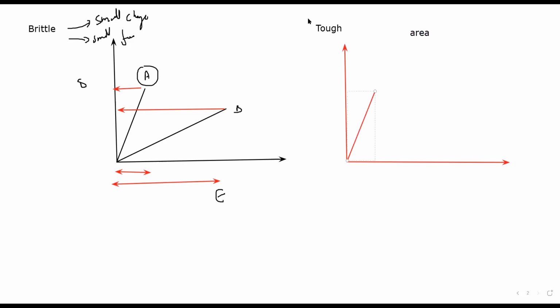So if you have two graphs, cross means they break down. Which is the tough object, A or B? B is the tough object because it has a large area under the graph. A has a small area under its graph.